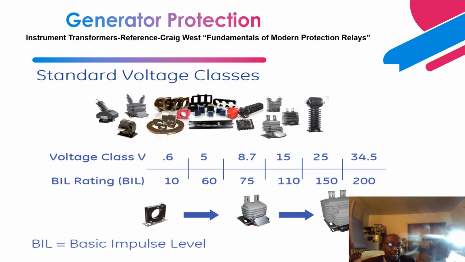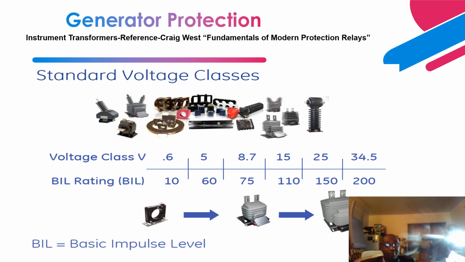Next, we'll talk about the different voltage classes and also the basic insulation level that we have for these VTs. For voltage class 0.6, this is the basic insulation level it's supposed to have, and basically this protects the insulation of these instruments and the VTs.